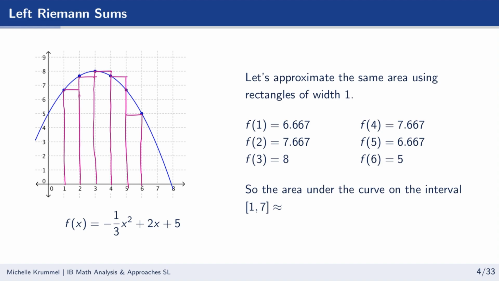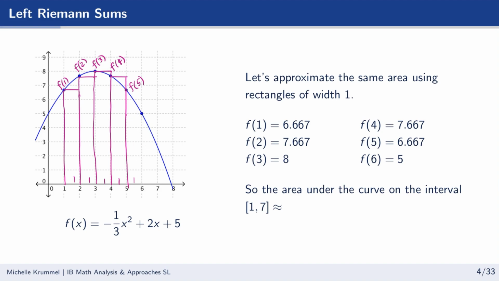And here, if we want to calculate the area of each rectangle, they each have a width of 1, and their heights are f of 1, f of 2, f of 3, f of 4, and f of 5. The last rectangle, did I not draw that right? I did not draw that right. Let me fix that.